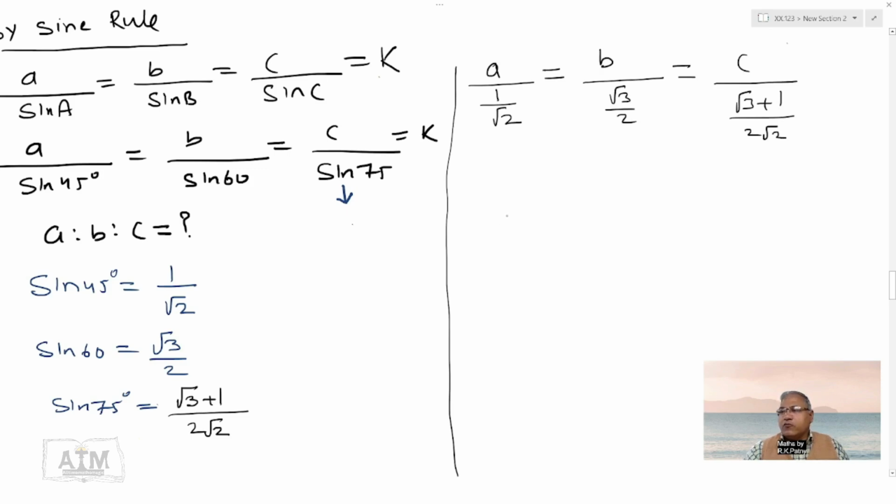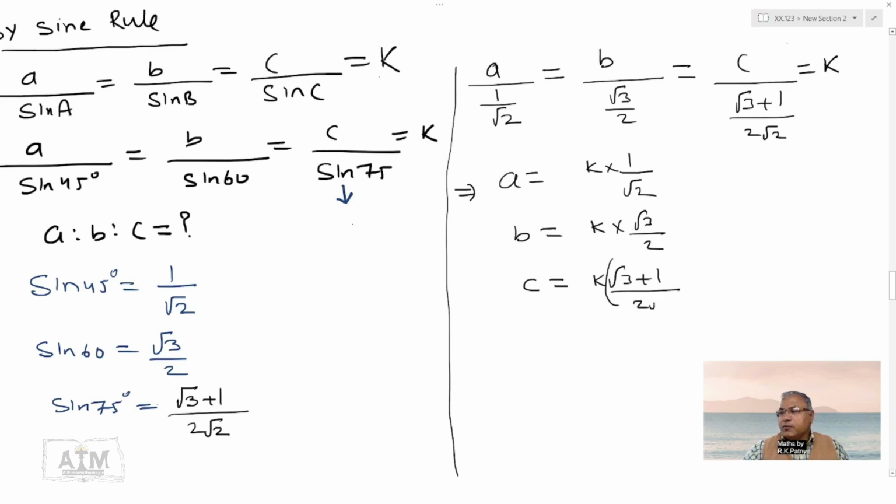Since we have to find the ratio of the sides and this equals k according to the sine rule, a equals k multiplied by 1 upon root 2, b equals k multiplied by root 3 upon 2, and c equals k into root 3 plus 1 upon 2 root 2.